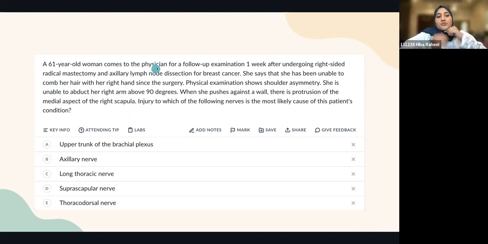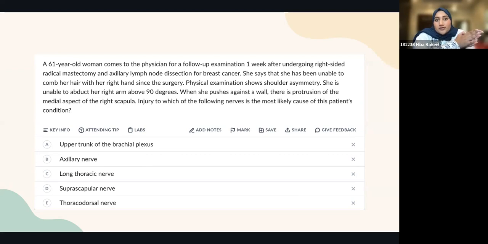So for those of you who were not able to reach this conclusion, let me tell you why. First of all, a very important concept: in almost every question about the long thoracic nerve, they are going to mention a surgery that the patient underwent recently. Why? Because during surgery, especially mastectomy, where they remove the breast tissue, whether for cancer or cosmetic purposes, the breast overlies the pectoralis major muscle.